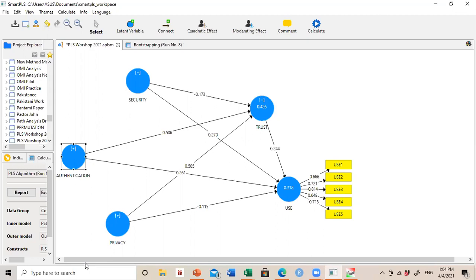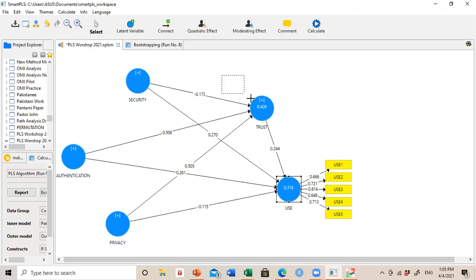For example, you have the mediator and the DV. DV and mediator are all endogenous variables in this case. So you need to report the R square of the mediator and the R square of the DV. Do you understand? Yes, sir.